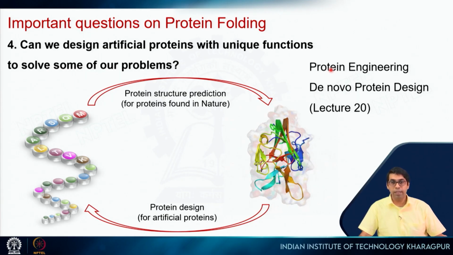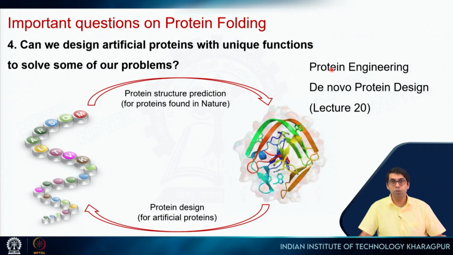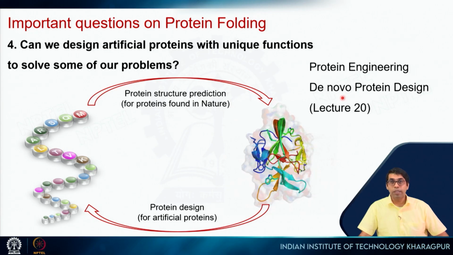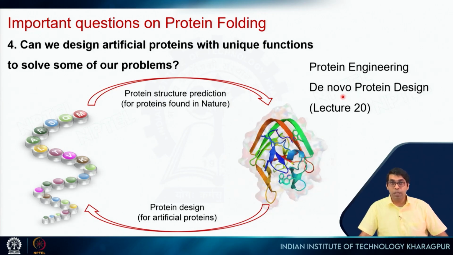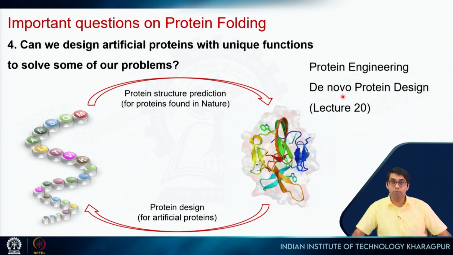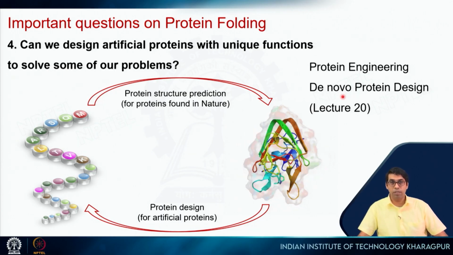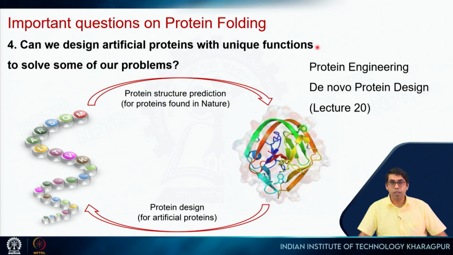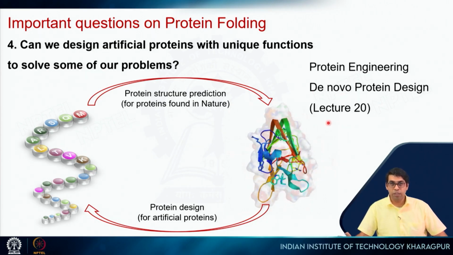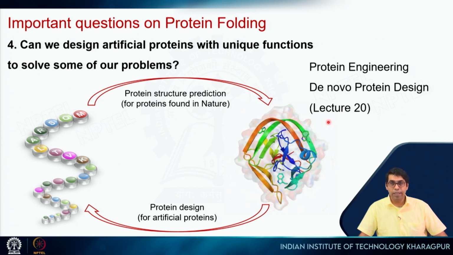We are taking an existing protein and engineering it to do a new function. And the second one is called de novo protein design. De novo protein design means that this sequence does not exist. We are completely designing a new structure with a new function. So I will talk about these in more detail in lecture 20. That will be the last lecture, next week.